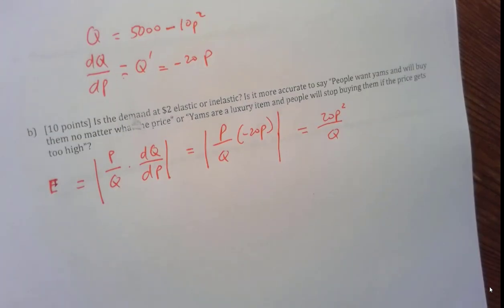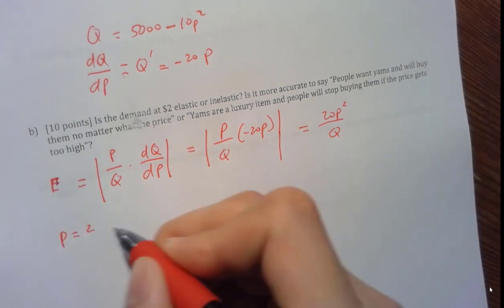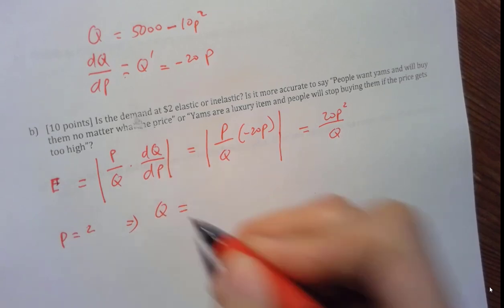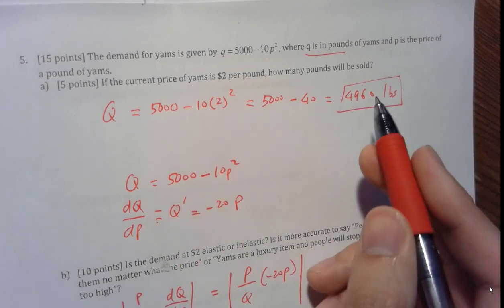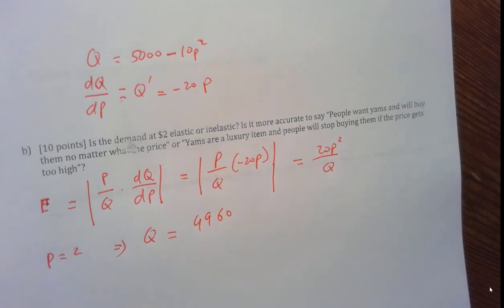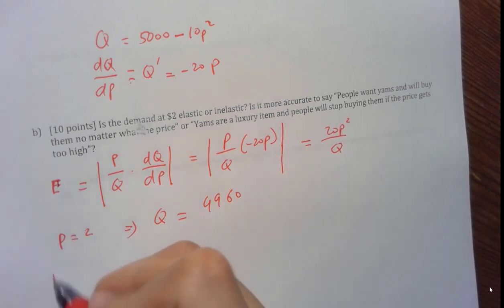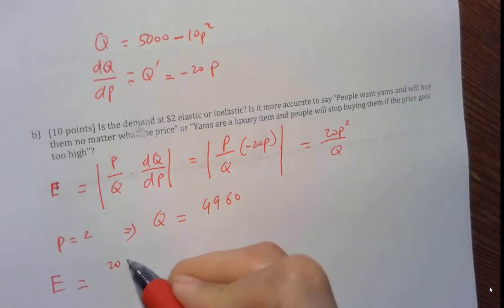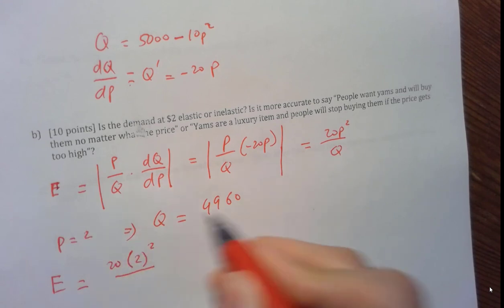And when the price p is $2, I can find Q, which we found for $2 is that number, 4960, from part A. We have P, we have Q, so we can find the elasticity of demand, which is 20p squared at the price of $2, so that is 2 squared, over Q at the price of $2, where Q is 4960.